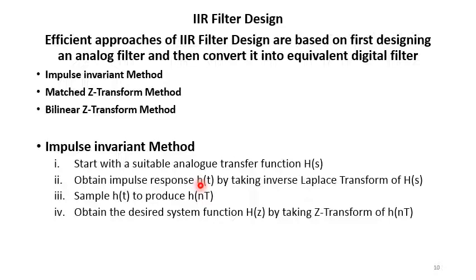After that, we sample h of t to produce h of nT, which is the discrete version. Once we obtain this h of nT, we obtain the desired system function by taking the z transform of h of nT.